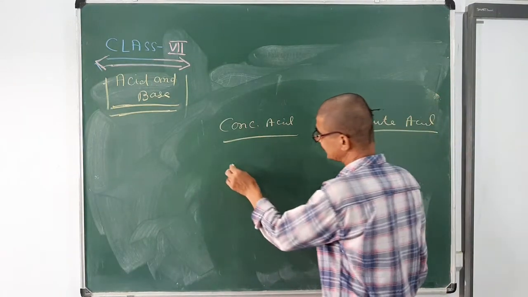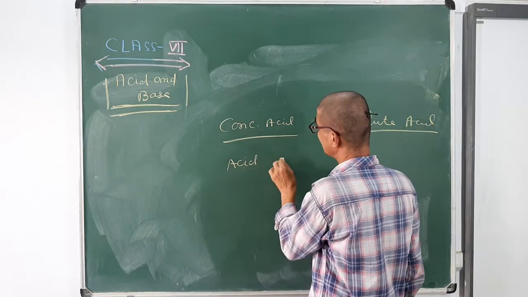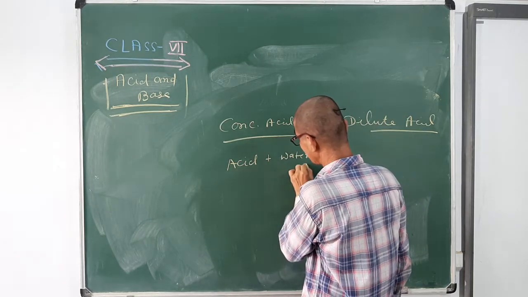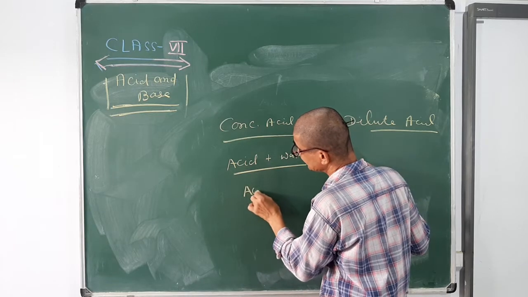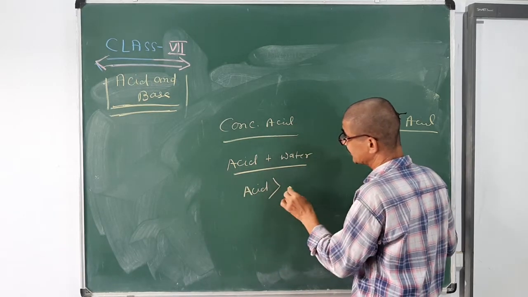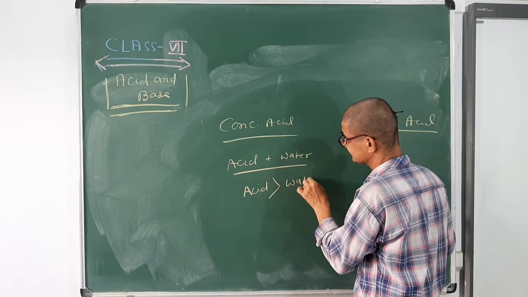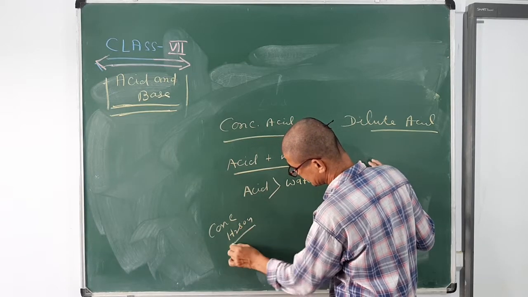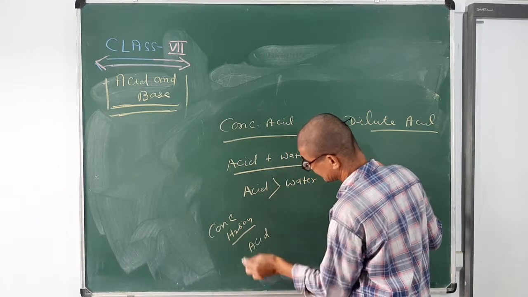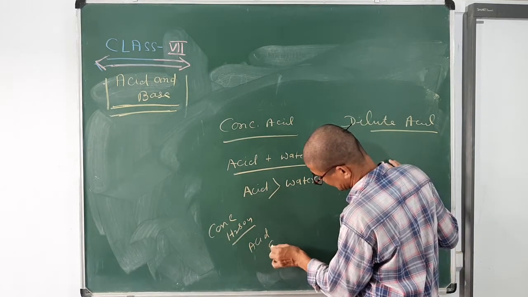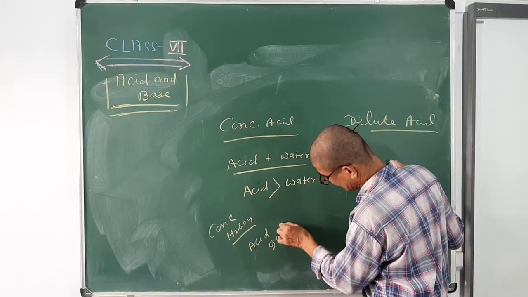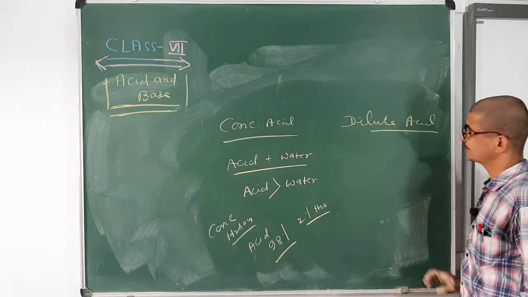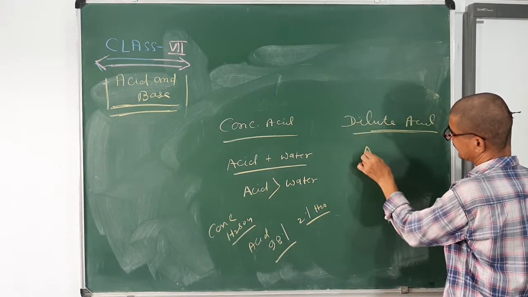Concentrate acid means acid plus water, but in case of concentrate acid, the percentage of acid is greater than water. For example, concentrate sulfuric acid means acid 98% and 2% water.